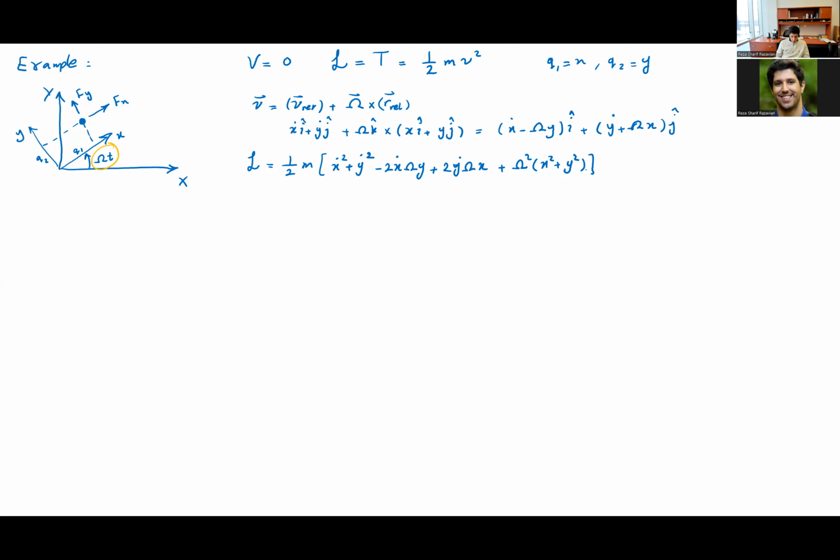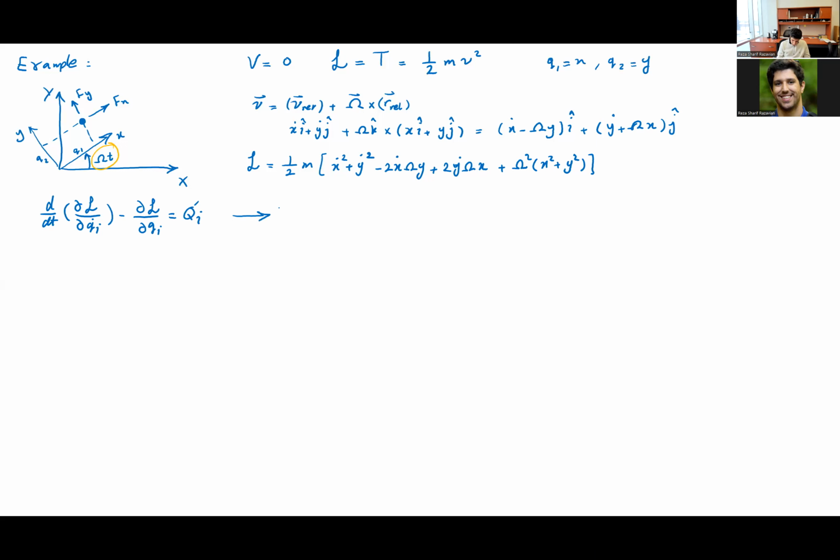To find the equations of motion, you are a master of this by now: d over dt of partial L partial q dot i, minus partial L partial q i, equals my generalized force Q i in that direction. I have two generalized coordinates.